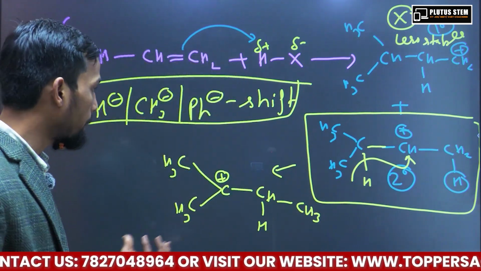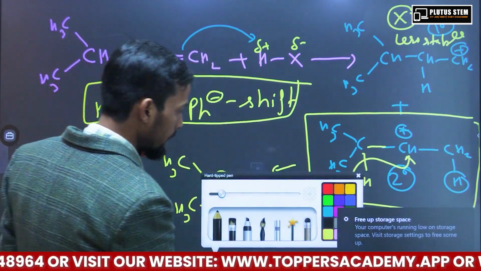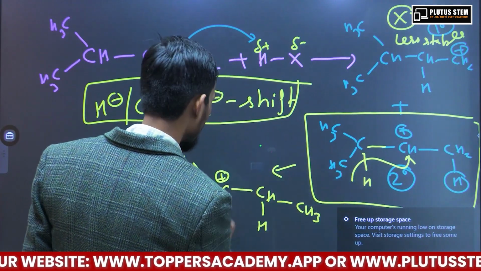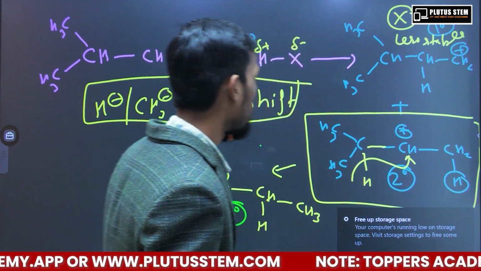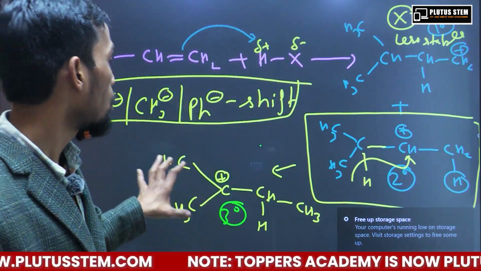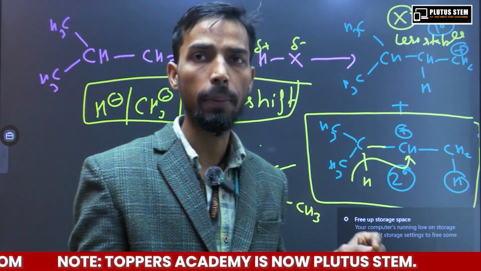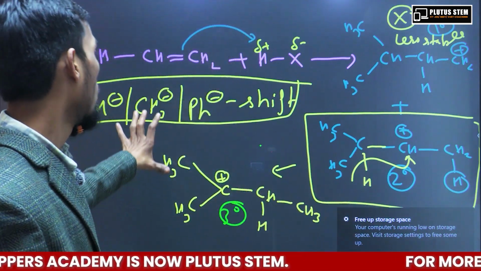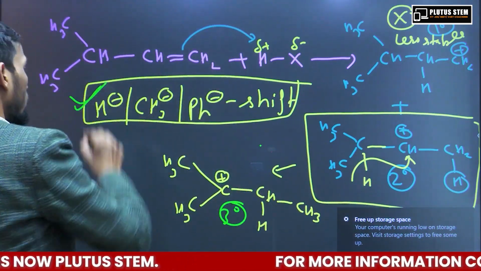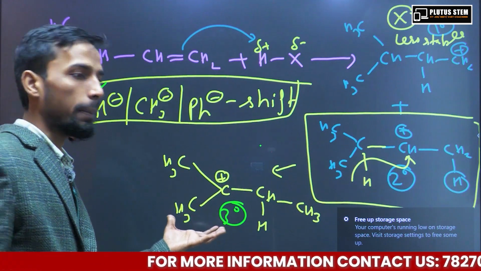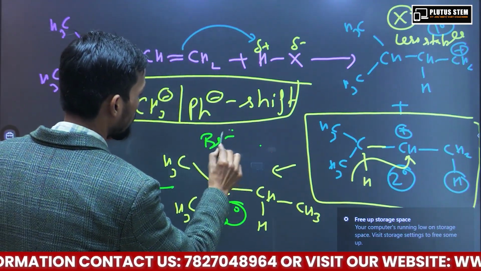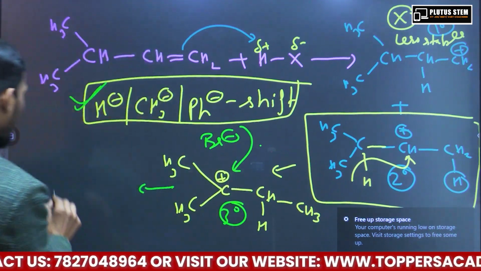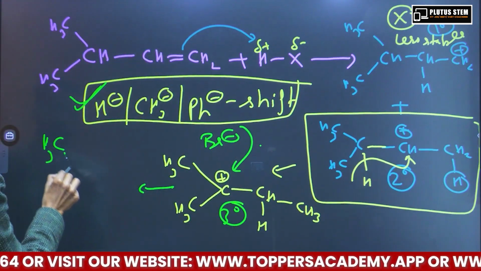Now you can compare both these two structures. Here it is a 3 degree carbocation and that is a 2 degree carbocation, and we know that a 2 degree carbocation is less stable than a 3 degree carbocation. So this hydride shift is giving us a more stable carbocation, and now the reaction will proceed. This Br negative which was left out will attack over here and we will get a product like this.